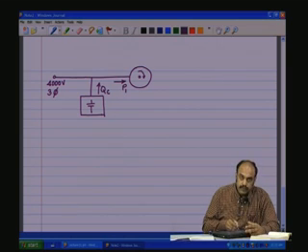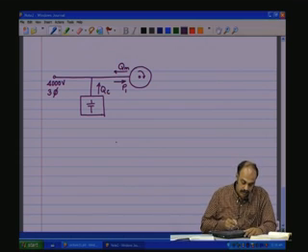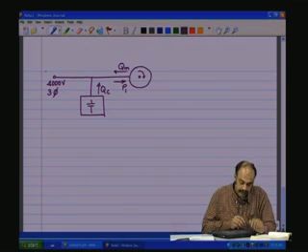There is another part which is reactive, inductive, which is again fed back to the mains, and that we will call QM, the motor. So, therefore, the line side will have two components of power flow, a reactive and an active.